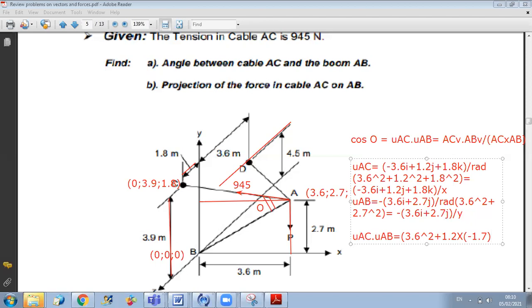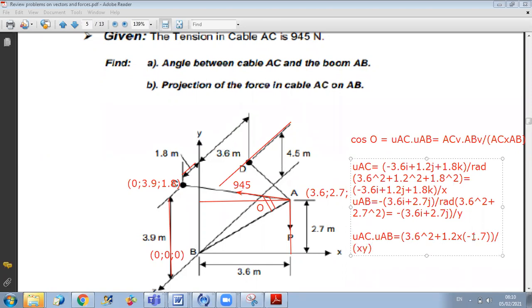And along k, it's 1.8 times 0, so it's 0. What I will obtain now, I should not forget, is to also divide the result by x times y.